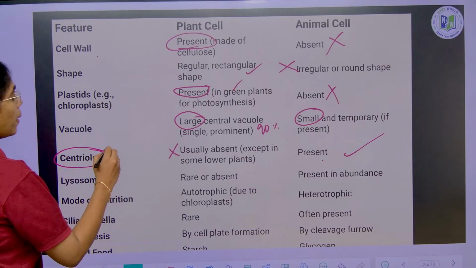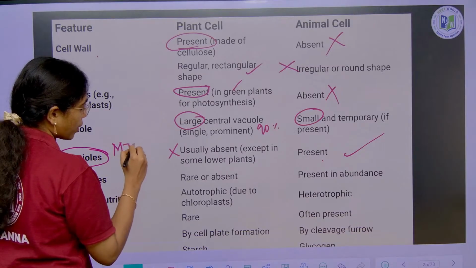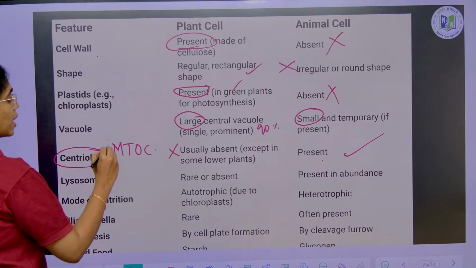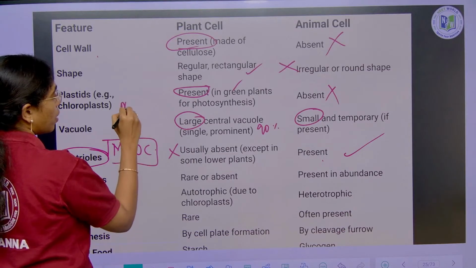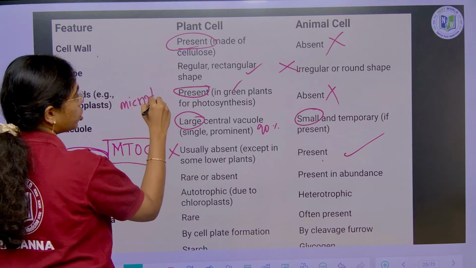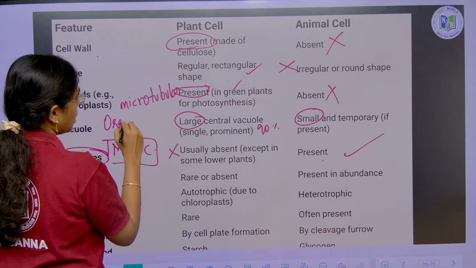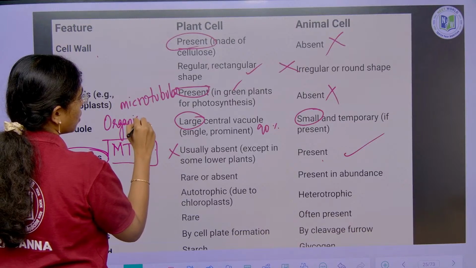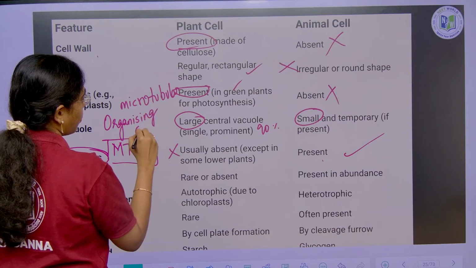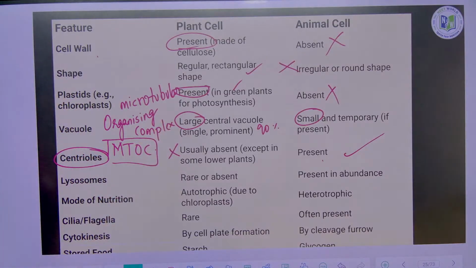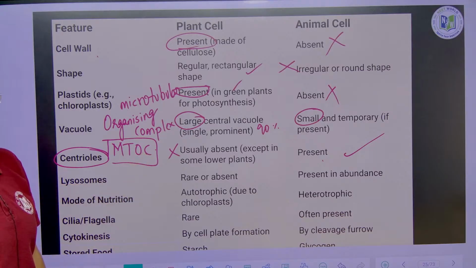That is by the microtubule organizing complex in a plant cell. In a plant cell it has what? Microtubule organizing complex. This is present in the plant cell.